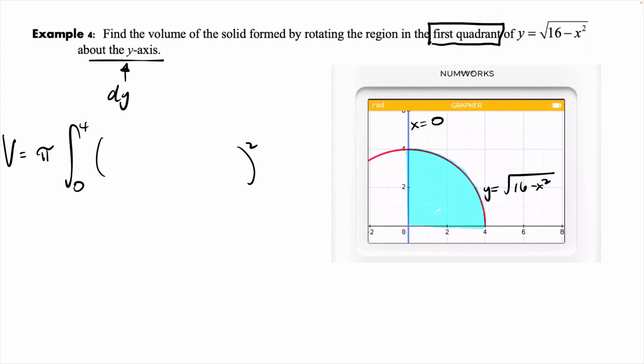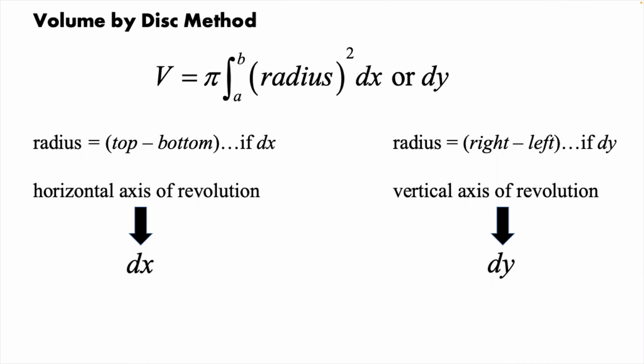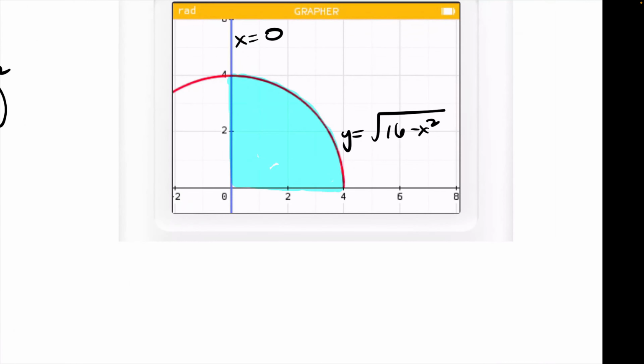Okay? For the radius, again, first page, that's why it's on the first page. If you're stuck, guarantee you the first page will help because that's where all the notes are. If it's a dy, it's right minus left. So the right side of the blue minus the left side of the blue. This is the right side of the blue, and then I go left until I stop being in the blue.